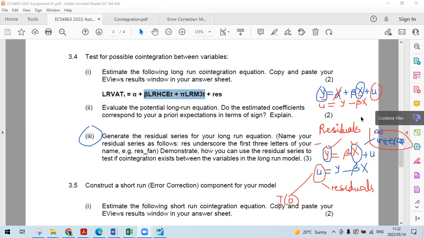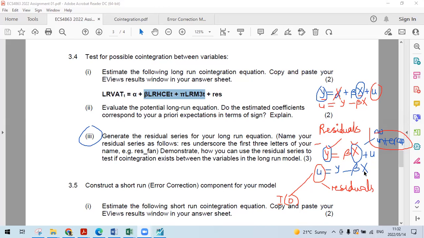From the equation, that's where you get your residual series, where you will be able to make u subject of the formula: u is equal to y minus bx. The equation is there already in EViews, and from it we want to make the residual series of that equation.